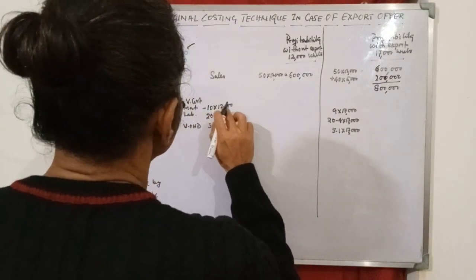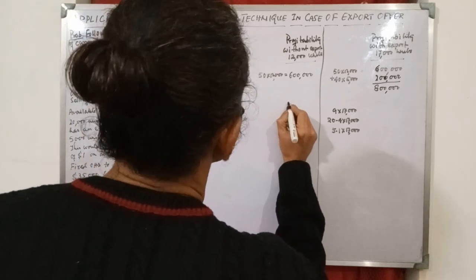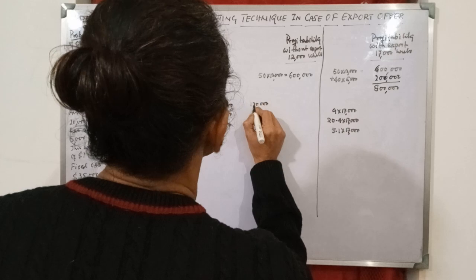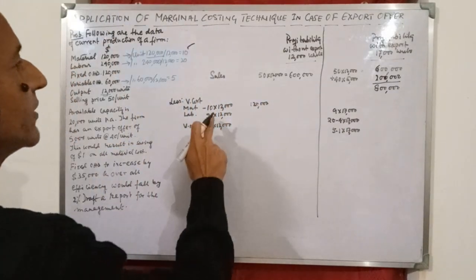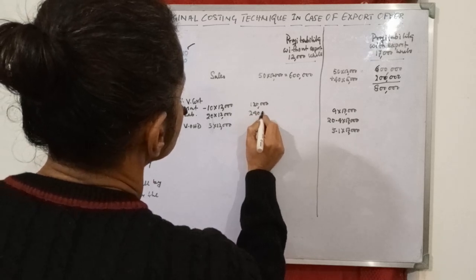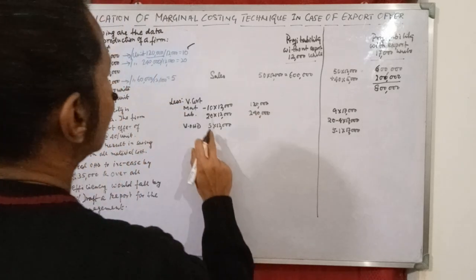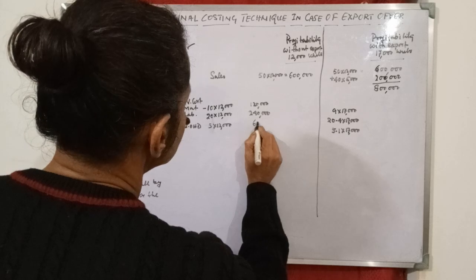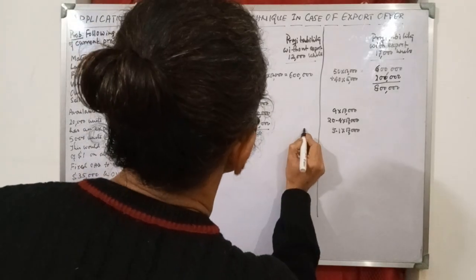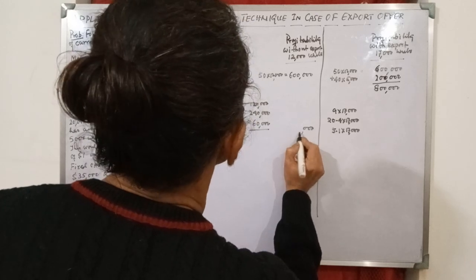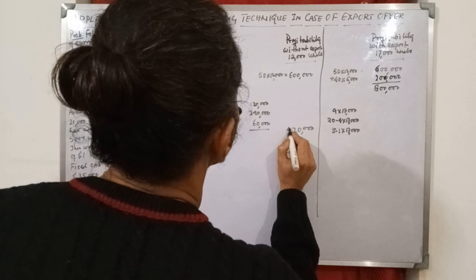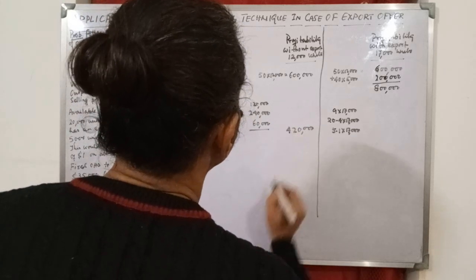So 10 into 12,000 is 120,000. Twenty into 12,000, 240,000. And 5 into 12, 60,000. So we get 420,000.